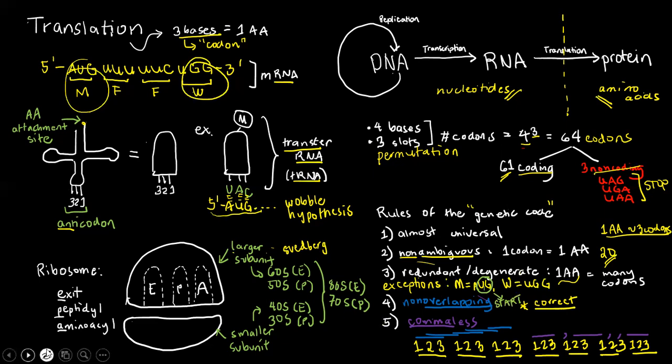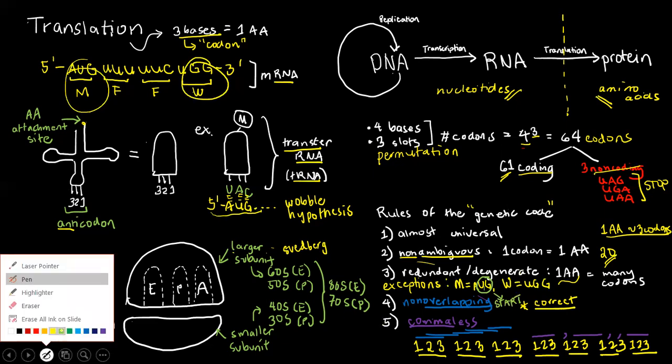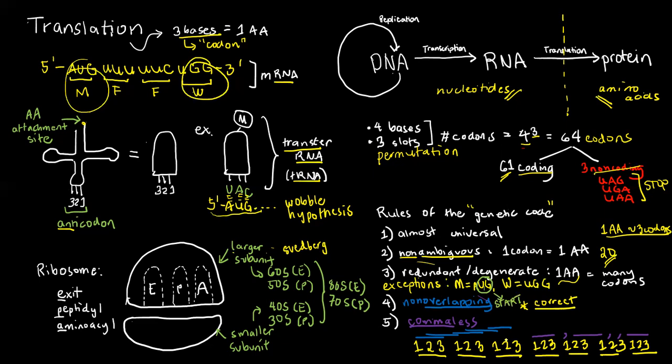Then we have rules 4 and 5, which we will use this sequence here below for. First, non-overlapping. The genetic code is said to be non-overlapping. What does that mean? It means that we cannot repeat the usage of one base for two or more codons.